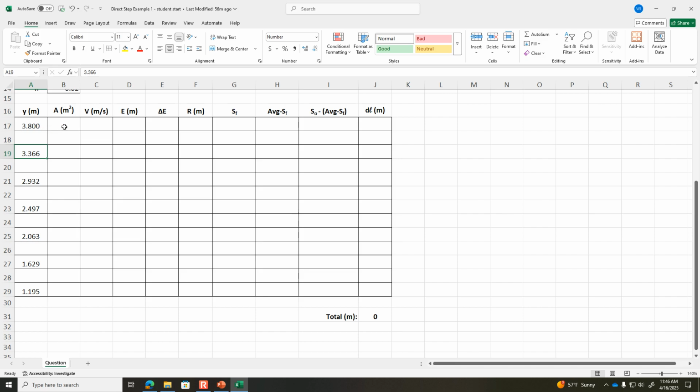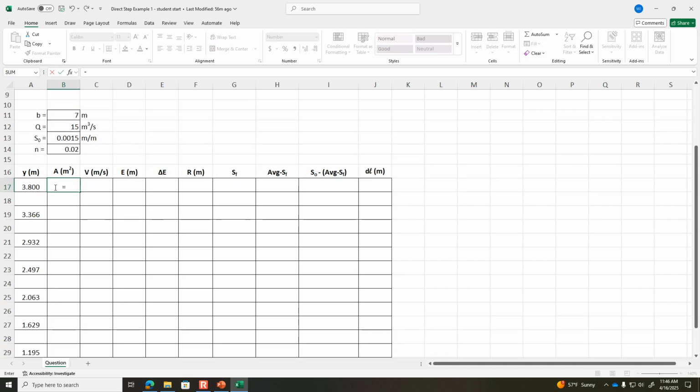And so we're going to calculate the area at the location where this is our flow depth. And so the area is, for the rectangular channel, the depth multiplied by the width of the channel. Anchor the reference there so that it'll always be looking up at this B value. And then copy and paste to all of these locations because we want to know what is the cross-sectional area of the channel at each of these locations where we know the depth.